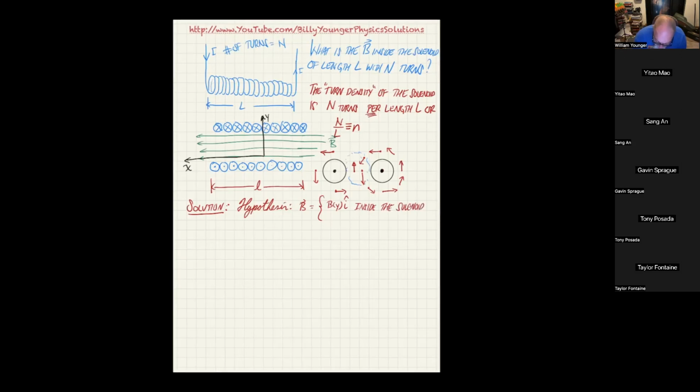And I'm going to say it's approximately 0 outside. And of course, you can see it's approximately 0 between the individual wires. That's why I showed you that little blue circled spot.